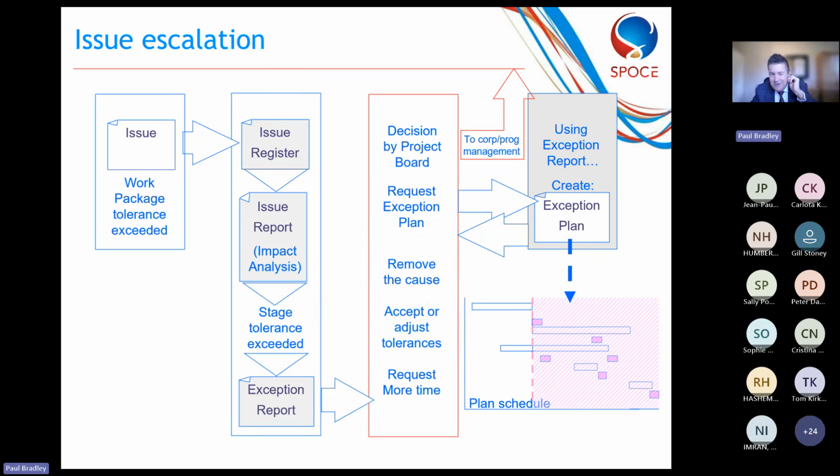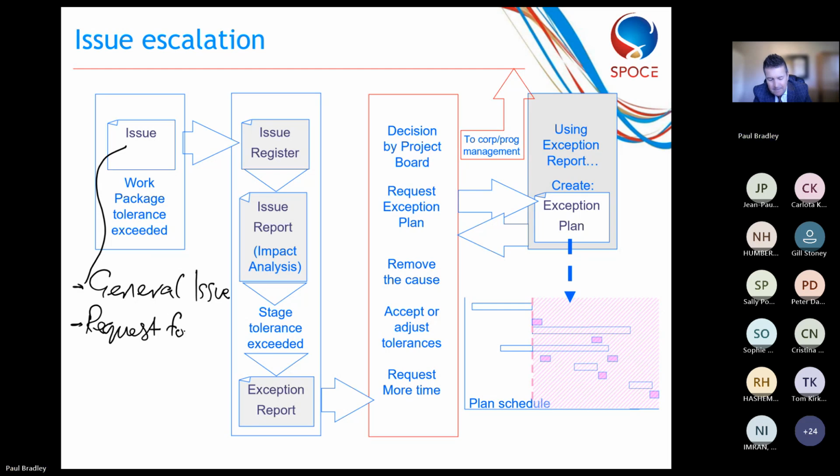I do have a change control procedure on the next slide for you, but I'm just going to do it here as well, because an issue can be a general issue, like an overspend or an overrun or a staffing or resourcing problem. It could be a request for change, or there could be what we call an off specification.